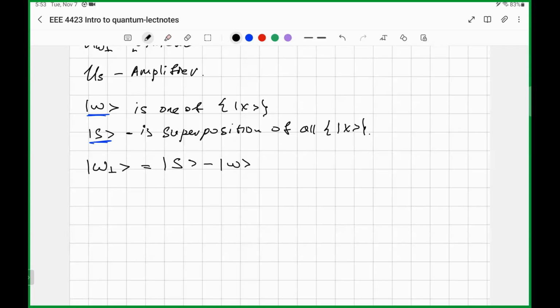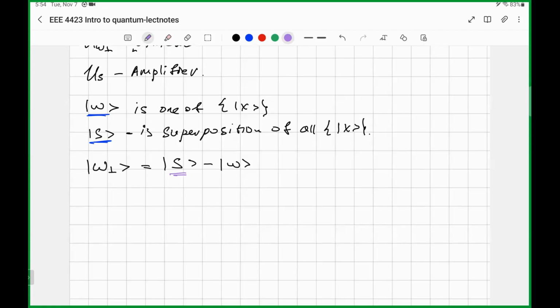Why? Because when I take a product of this state omega orthogonal by the state omega, all states in S, being multiplied by the state omega, will give me 0, except for just one, which is parallel to the state omega.